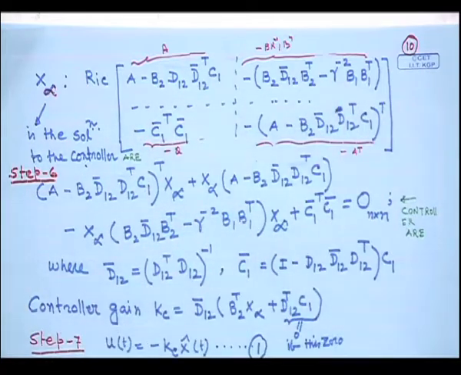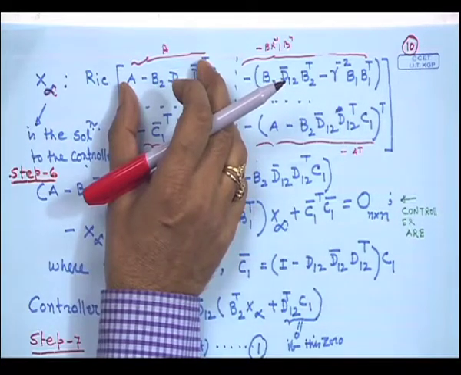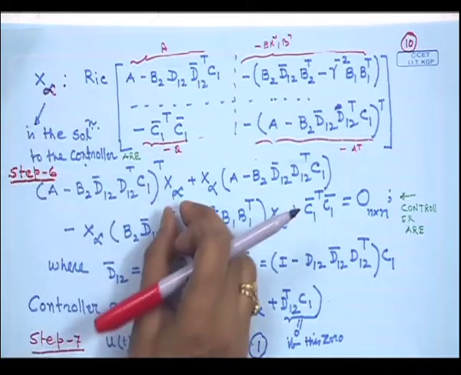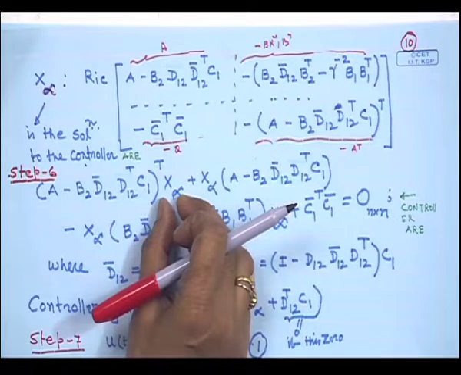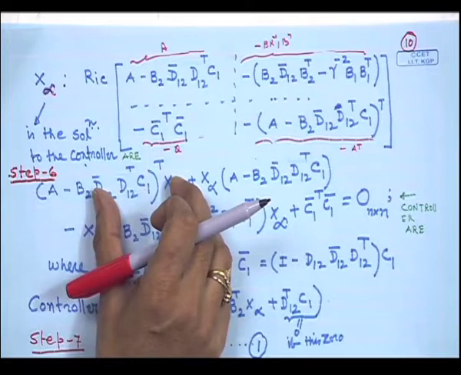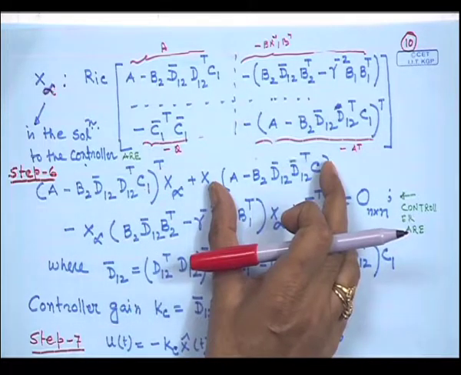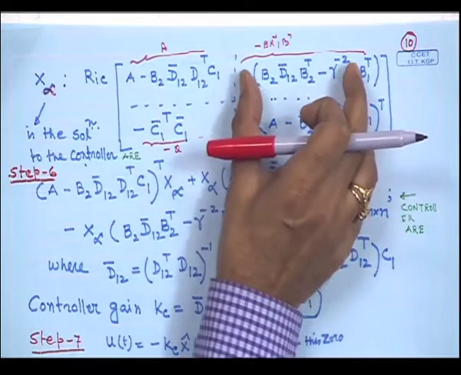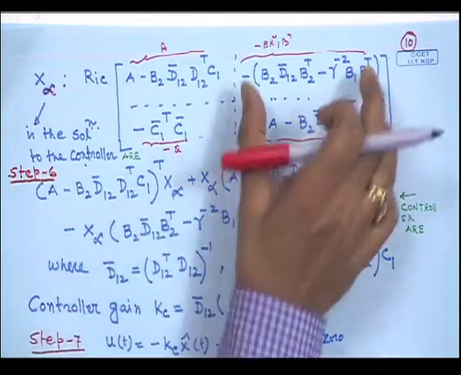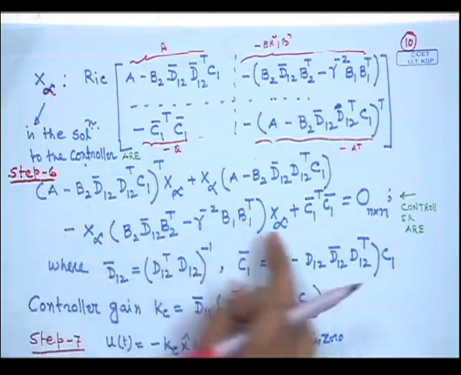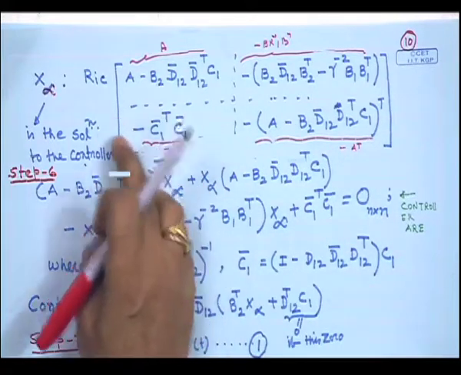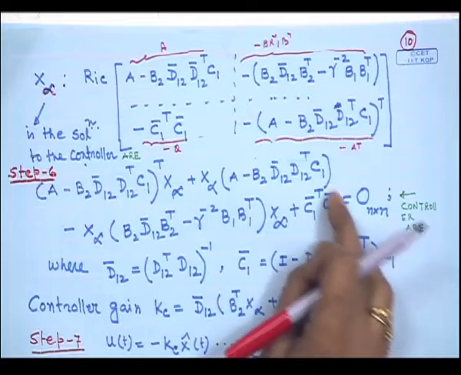So, I can easily write the Riccati equation: A transpose P. Our X infinity, here I have considered the solution of the Riccati equation as X infinity: A transpose P, then P A, then minus P times that quantity, then P, and this quantity is minus Q plus Q, we have to write this.